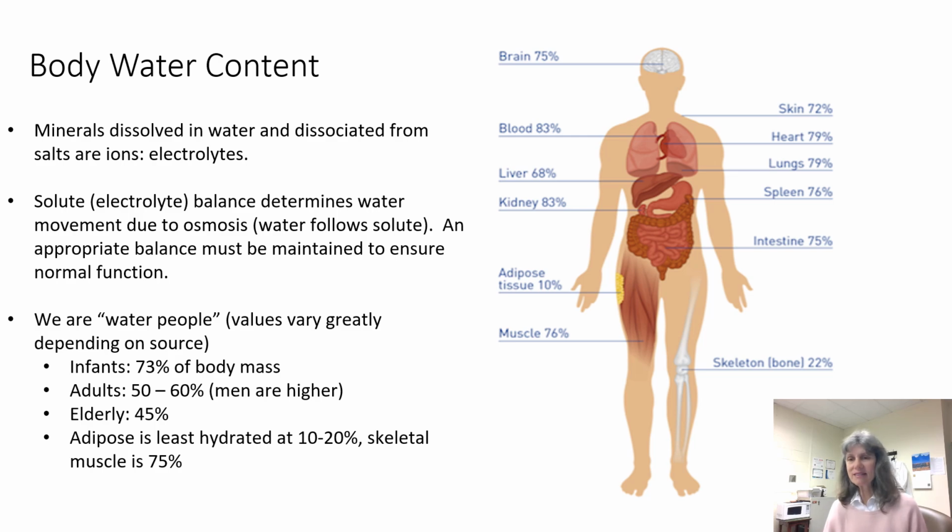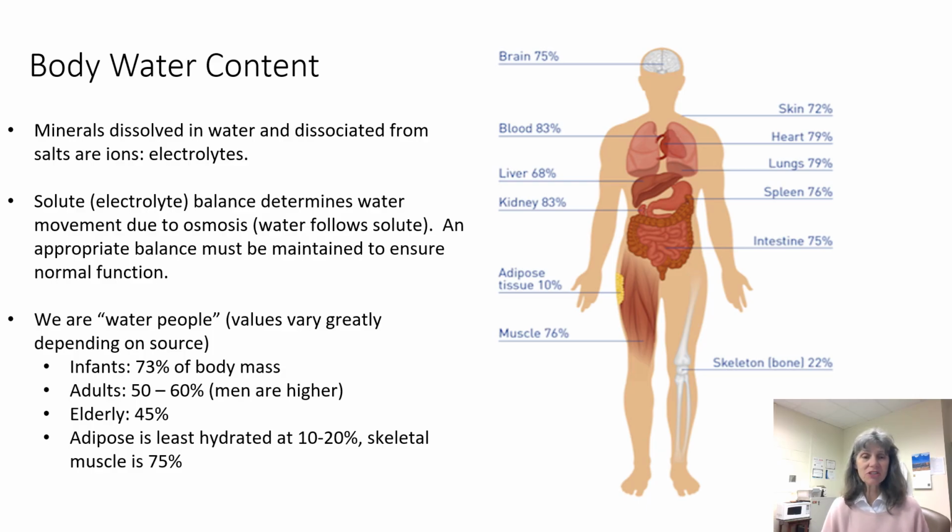For adults, it's anywhere between 50 and 60%, with men being higher. As people get older, they tend to not drink enough water, and so they tend to be more dehydrated. So with elderly individuals, we may see a water content of approximately 45%.